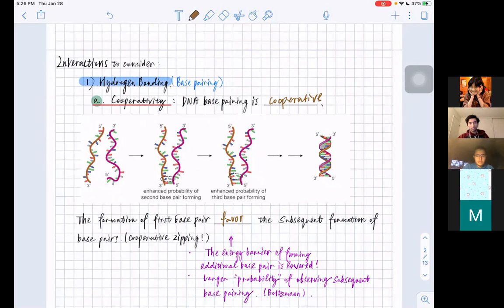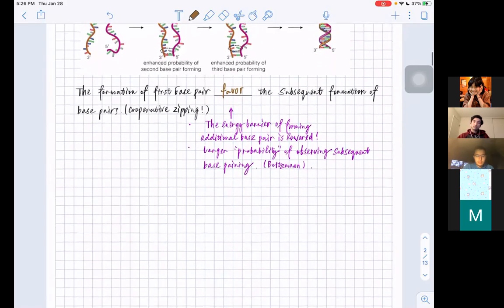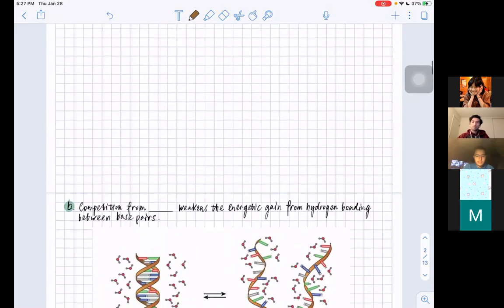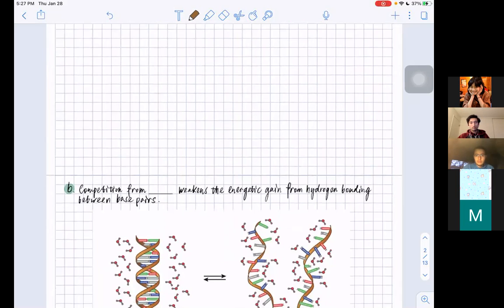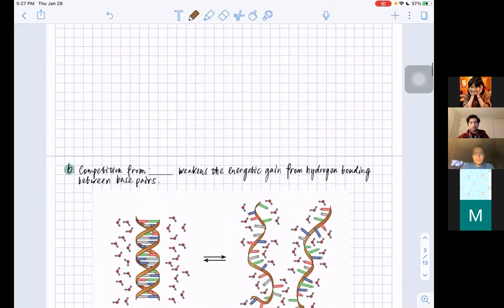That means there's a lowered energy barrier for subsequent hydrogen bonding. But we also know hydrogen bonding is highly affected by its environment. Here we mean water. So the competition from water will significantly weaken the energetic gain from hydrogen bonding.